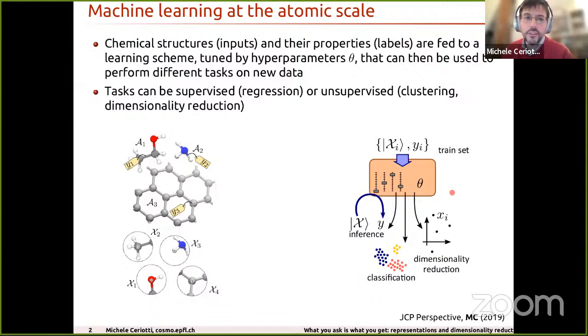And then you have a number of unsupervised tasks that you can perform that are one way or another related to the search for patterns and regularities in the structure of the inputs themselves without necessarily using any kind of labels.